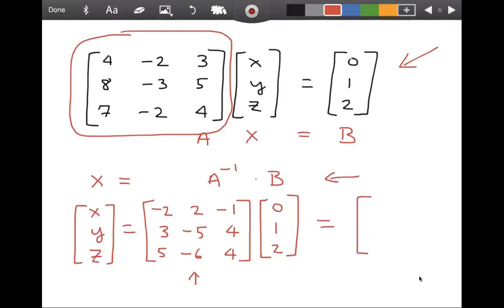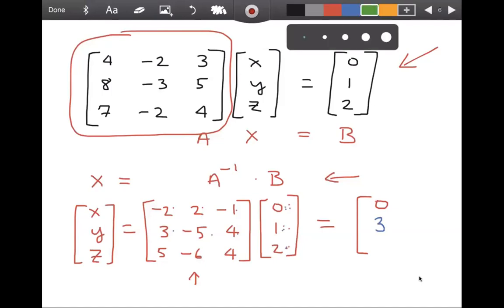So remember how matrix multiplication works. Negative 2 times 0 plus 2 times 1 plus negative 1 times 2 is 0 plus 2 plus negative 2, which is 0. Next, we have 3 times 0 plus negative 5 times 1 plus 4 times 2, which is 0 plus negative 5 plus 8, which is 3.